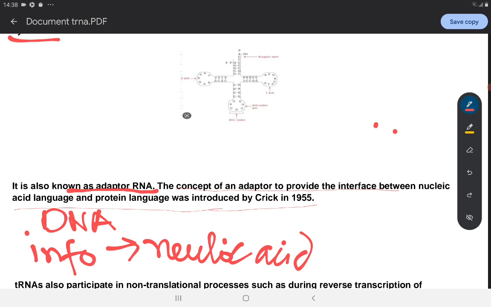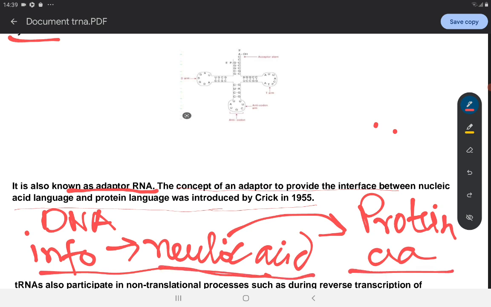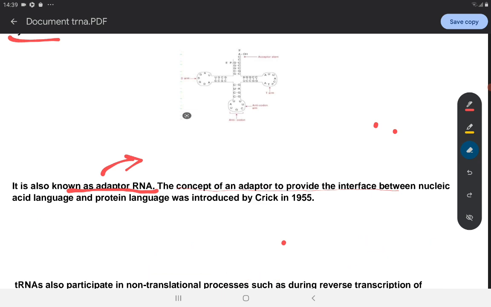So DNA has the information in the form of nucleic acid which needs to be converted to the protein, which is in the form of amino acid language. So adapter RNA provides this interface between the DNA nucleic acid and the protein amino acid. The adapter converts this nucleic acid information into the actual amino acid which needs to be encoded into a protein. So that is the function of an adapter RNA or tRNA.